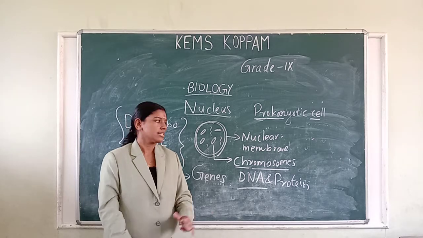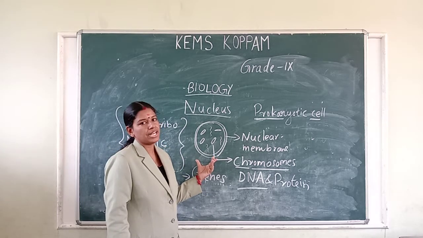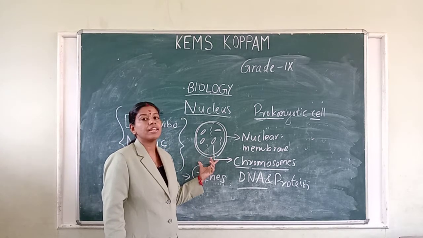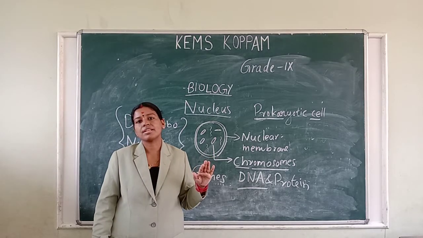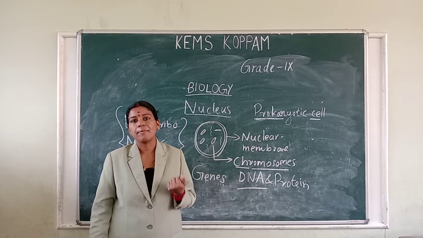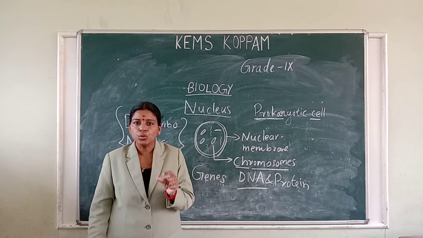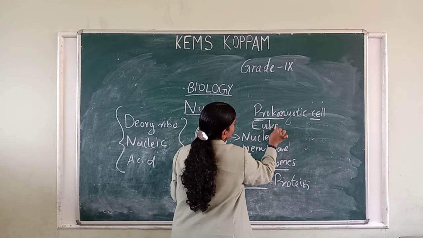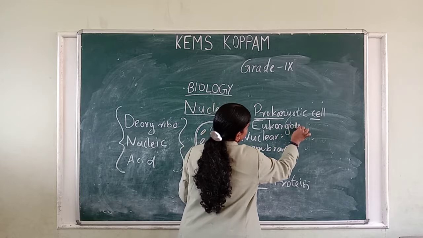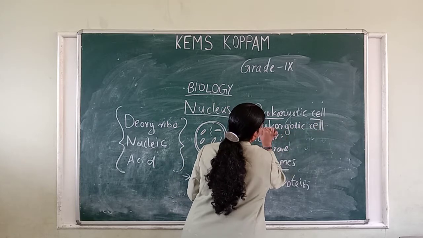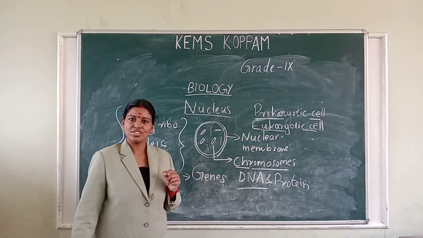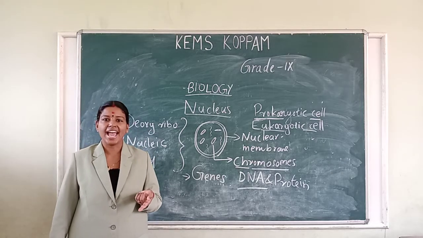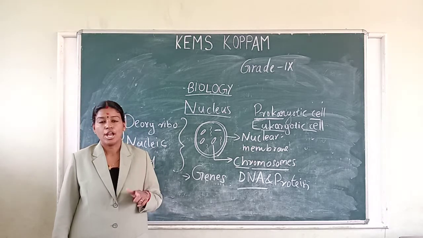But in some cases, we can see everything developed. That is, the nuclear envelope will be there and all the cell organelles will be present. Such types of cells are called eukaryotic cells. Understood? Prokaryotic cell and eukaryotic cell.